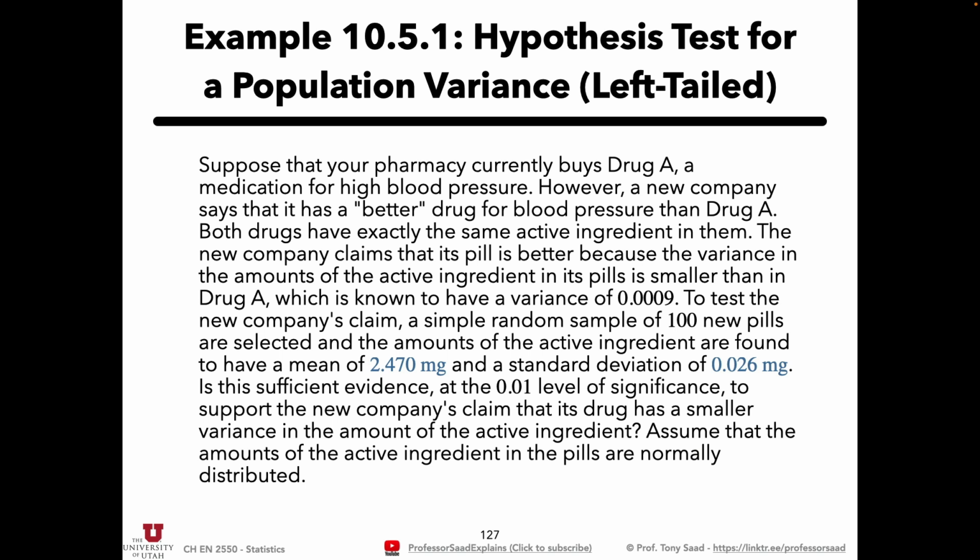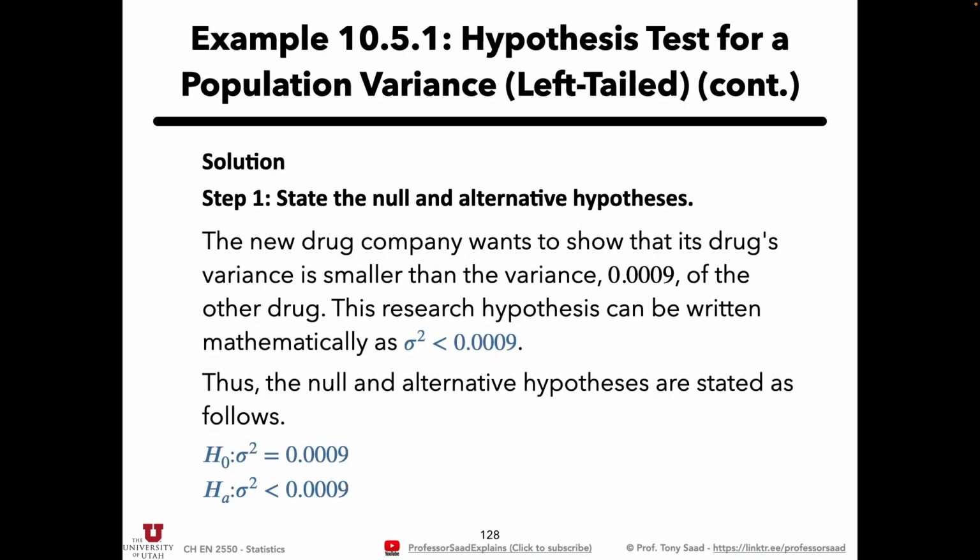But the generic might not have the same quality control, or might have better quality control. Who knows? It would be nice to require companies to put their variance on the label. Okay. We have to do first thing. I'm very chatty today. Sorry about that. I haven't seen you in a while. I miss you guys. I have to talk more.